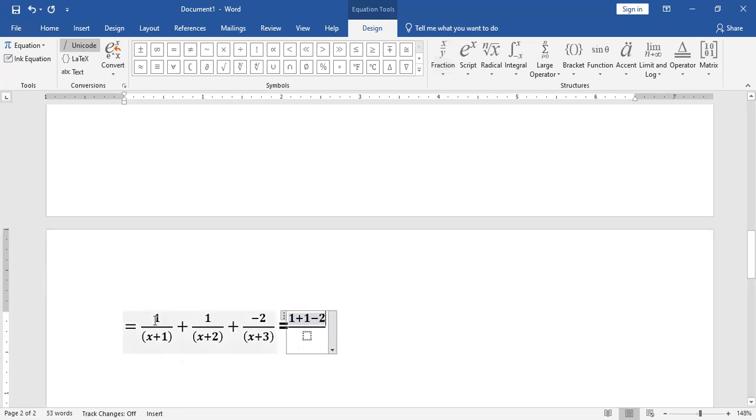Those top ones, 1 plus 1 minus 2. Okay, over open brackets 1 plus x plus 1, and then again x plus 2, and again x plus 3. We have that.